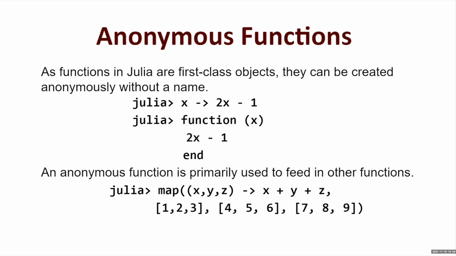Mostly, an anonymous function is used for mapping. If you have a function defined and you want to map a certain input to the input of the function without naming the function, you can directly do the mapping using this dash-greater-than symbol to identify that you are mapping from x to 2x minus 1. This mapping actually gives you the function, but you don't need to name it.